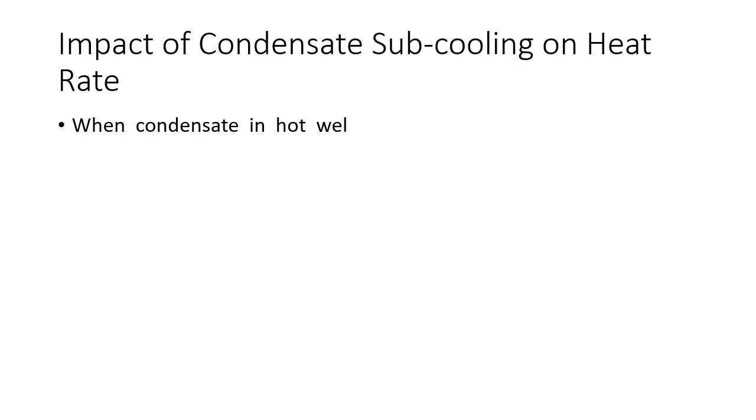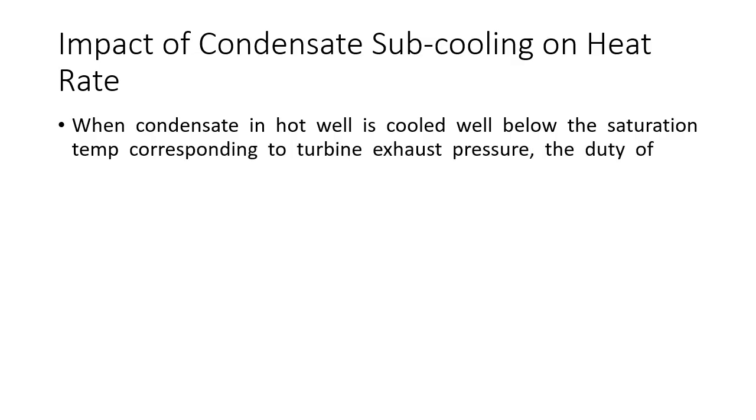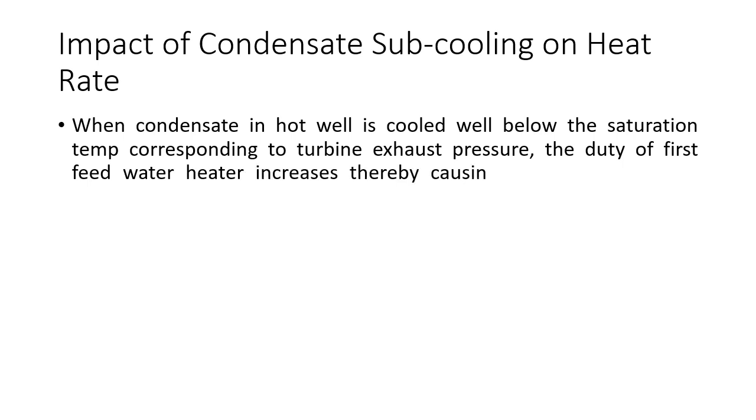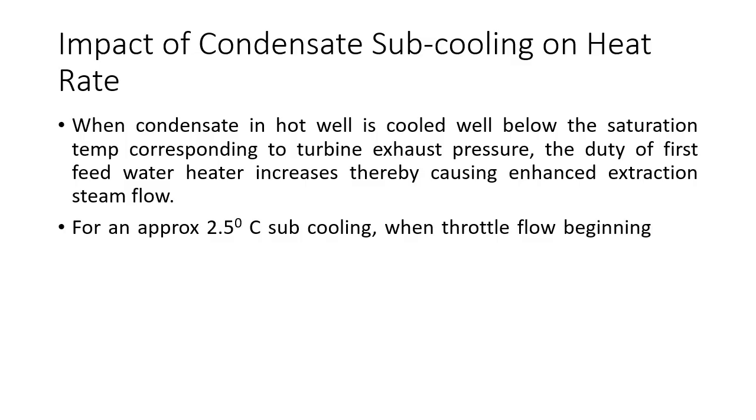Now there is one more impact, of condensate subcooling on heat rate. If you are subcooling the condensate, then there would be an impact on heat rate. That also can be calculated. When condensate in the hot well is cooled well below the saturation temperature corresponding to turbine exhaust pressure, the duty of the first feed water heater increases and thereby causes enhanced extraction steam flow.